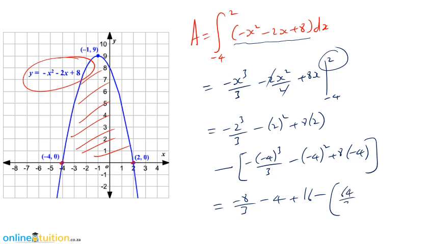-4 cubed is -64, but there's a minus sign out there. Oh my goodness. 64 over 3 minus that squared, so that becomes -16, and then -32. So then becomes minus, you're going to simplify the 16 minus 4, that's going to give me 12 minus 64 over 3, and then you got -48.